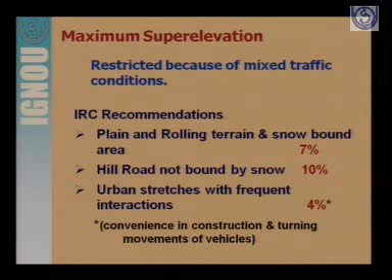So more super elevation has to be provided in case of equilibrium super elevation. The advantage is that we will have equal pressure on both wheels. But there is a limit to the maximum super elevation that you can provide.